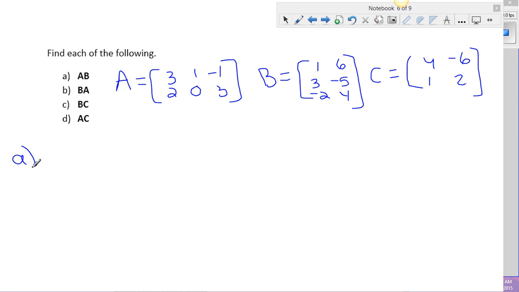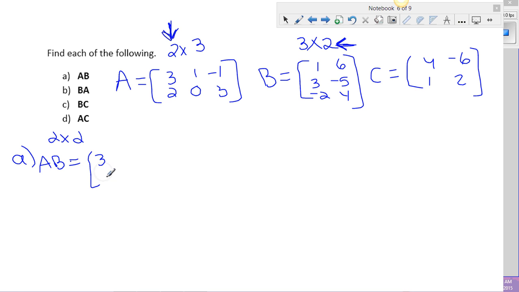In order to find A times B, since A is a 2 by 3 and B is a 3 by 2, my product is actually going to be a 2 by 2. We get that from my first and my last. Here's how this works. I'm going to write down my matrices side by side.